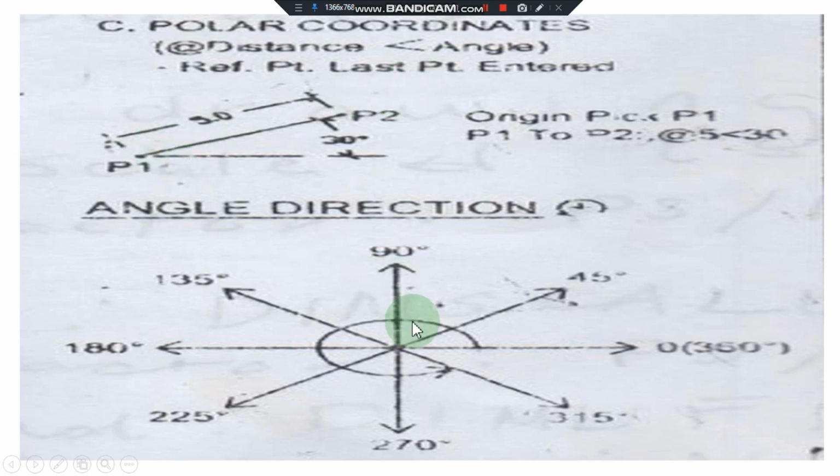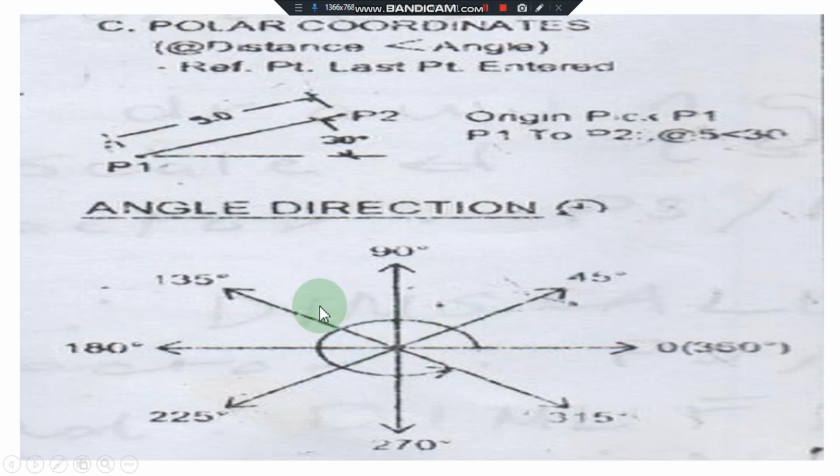In polar coordinates, there is no negative for the direction. We'll be using 0 degrees if we're going to the right. Upward is 90 degrees, to the left is 180, downward is 270. So we have our respective distances.